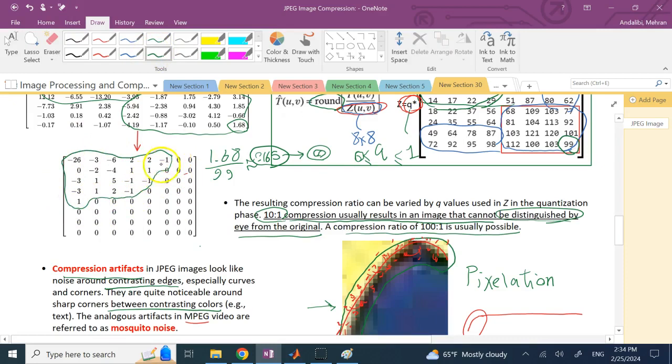But as you can see, if I want to store them by storing this block, the problem is now you're storing a bunch of extra zeros. And you don't want to store those zeros. You just want to store these non-zero numbers.